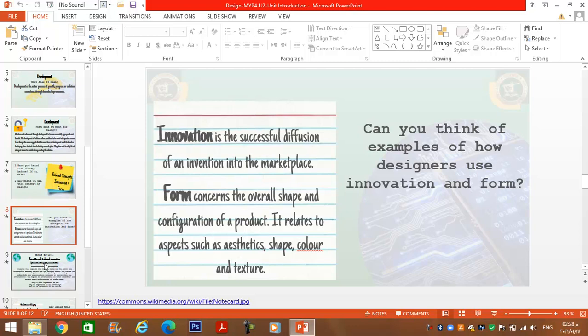Can you think of examples of how designers use innovation and form? What does form mean? Form is concerned with the overall shape and configuration of products, all related to aspects of shape, color, and texture. You should learn more about innovation and form. It's very important to discuss it together.